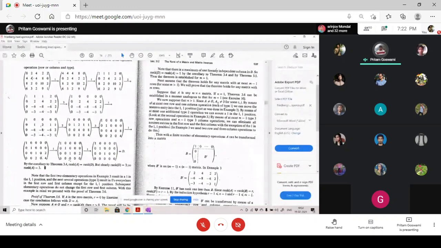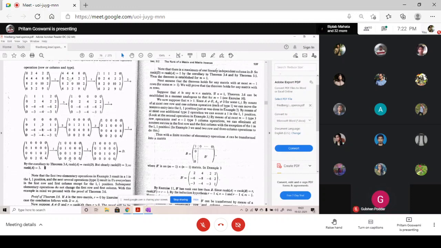What they have done in the first matrix, look, they have interchanged the first row and second row. Can everyone see the book or do I have to zoom more?